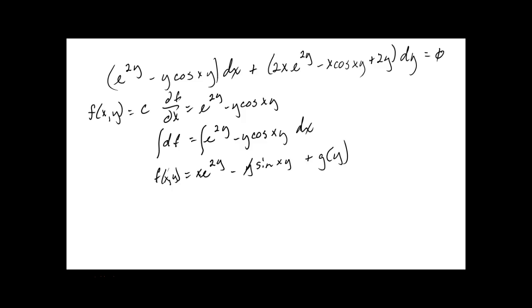Okay. Now, there's your f_y again, f of xy. So if you take the partial of this with respect to y, we should get N of xy, right? So let's take the partial of this with respect to y. And what would that give us?